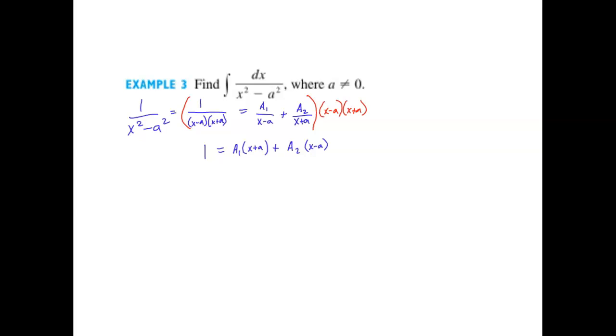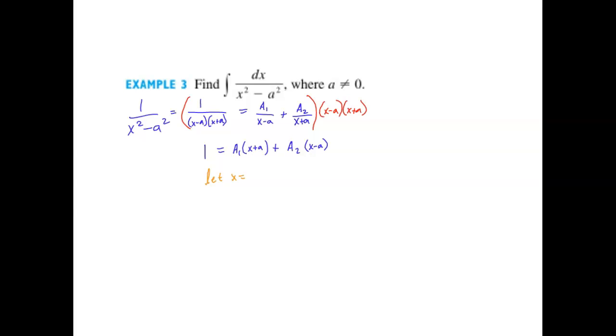All right, so let's use our little trick now. Instead of expanding this, what can I let x equal? Let's solve for a1 first. What do I want to let x equal if I want to keep a1, but I want to eliminate the other factor? Negative a? I want to keep a1.